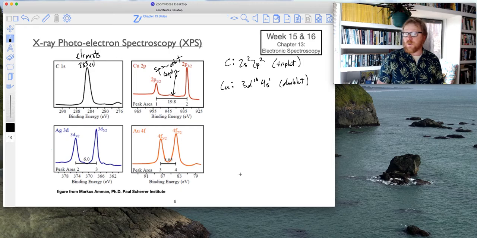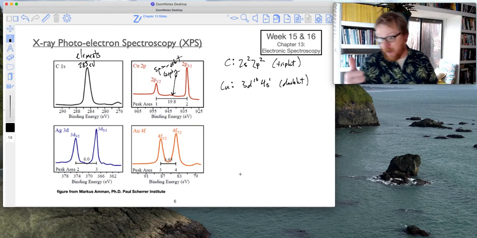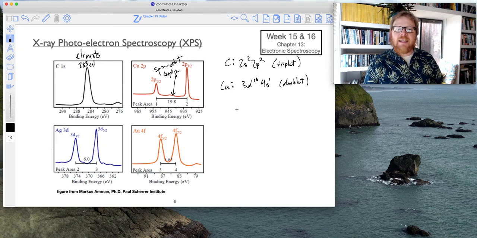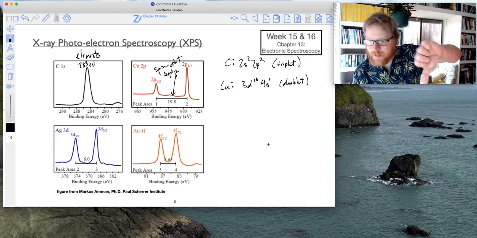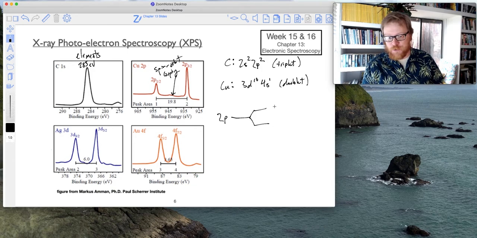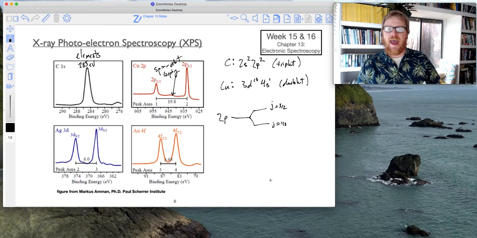In other words, when that electron is spin up and it gets ionized, it's going to have a different binding energy than if that electron were spin down. If you recall, the 2p level is split by those J values. There's going to be the J equals 3/2 and the J equals 1/2.